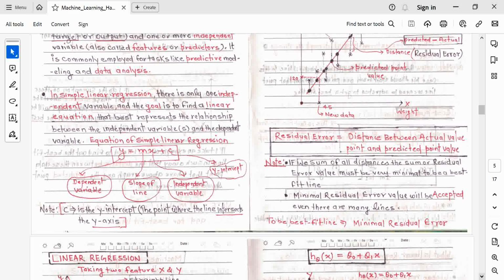The minimal residual error value will be accepted, and we find out where the minimal residual value is.